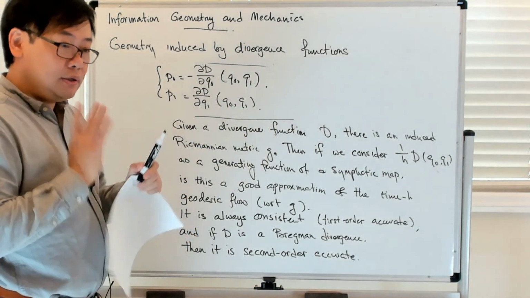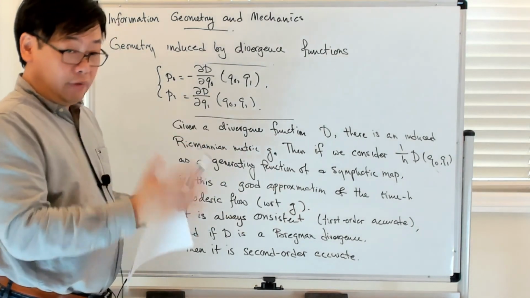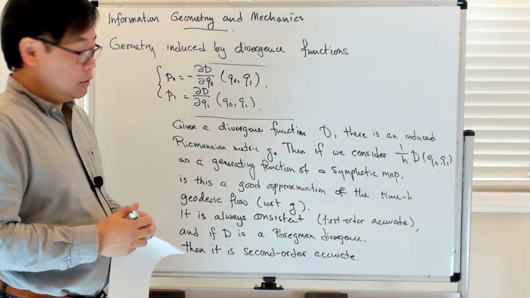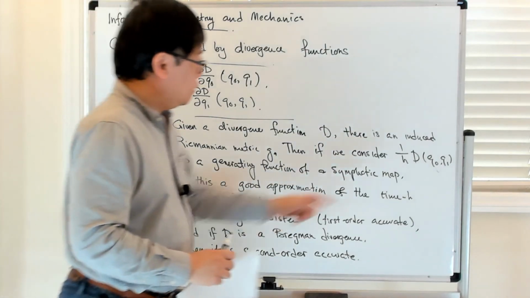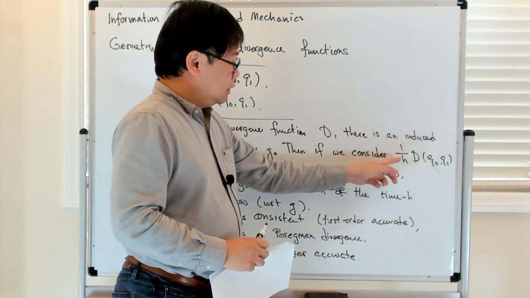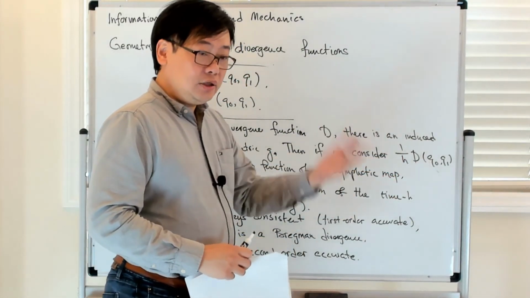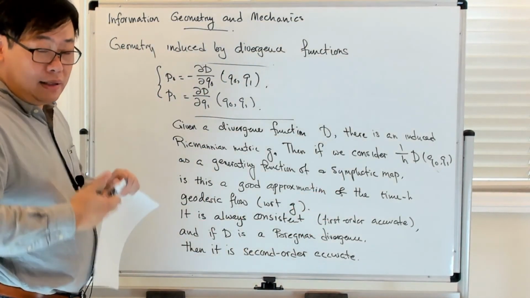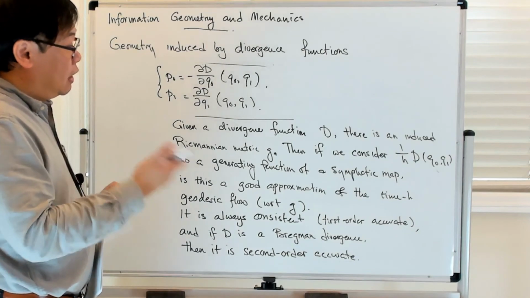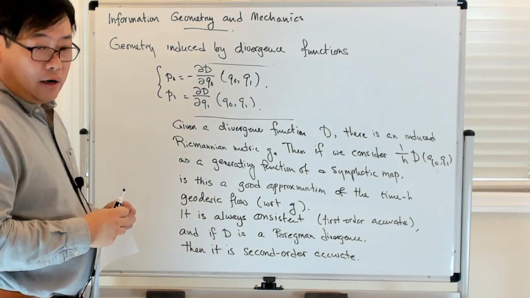Say I wanted to do geodesic flow with respect to Fisher-Rao. If instead I think of KL divergence divided by h as a generating function of a symplectic map, then that's at least a second order accurate approximation of the Fisher-Rao geodesic flow.